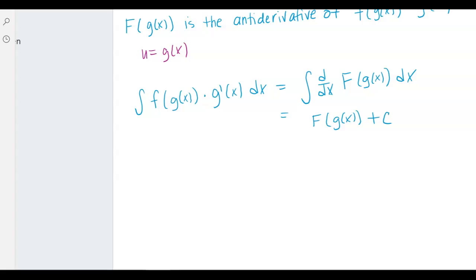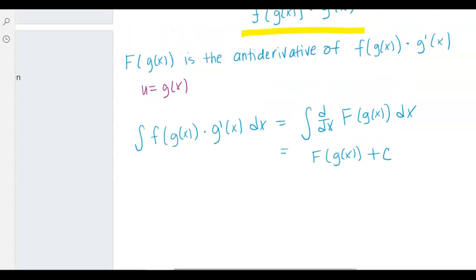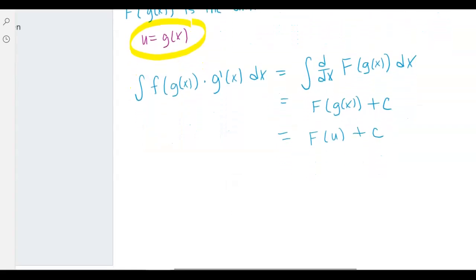And then using this substitution that we created, instead of writing g of x, we'll write u. So this is f of u. And then if we think about taking the integral of that, that would be the same as taking the integral but also having the derivative at the same time. Again, those two things will cancel each other out. If I take the integral of that and the derivative at the same time, that plus c is going to go away because the derivative of c is just going to be 0.